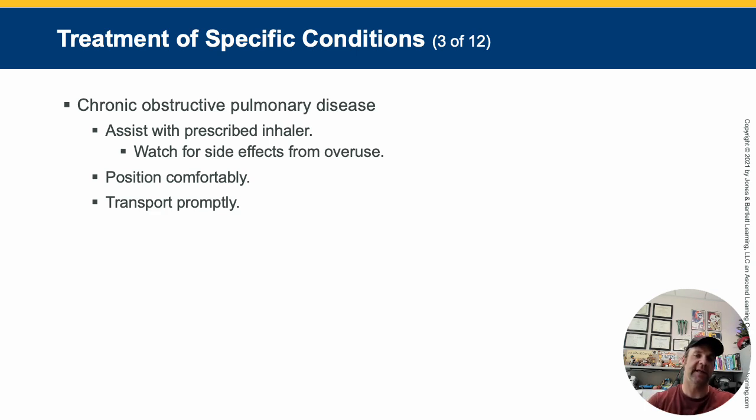But again, COPD exacerbations often stem from a secondary infection. So even if they seem stable now, rapid transport is critical so they can receive further treatment, including bronchodilators, steroids, and antibiotics. Again, always reassess frequently and be prepared to assist ventilations if the patient begins to fatigue as they're breathing.